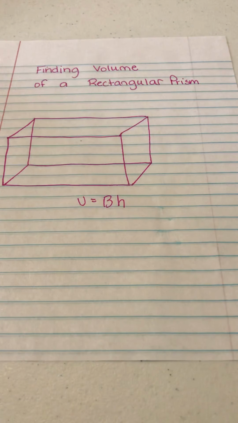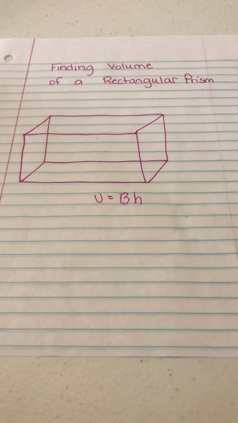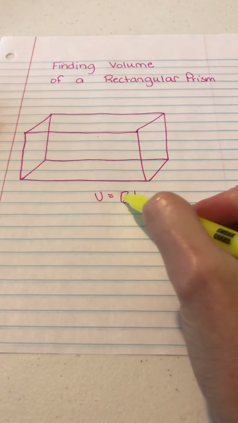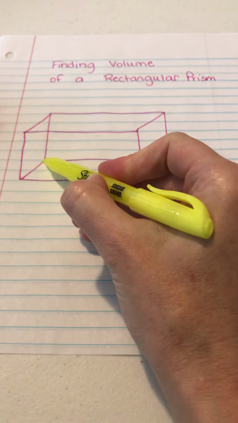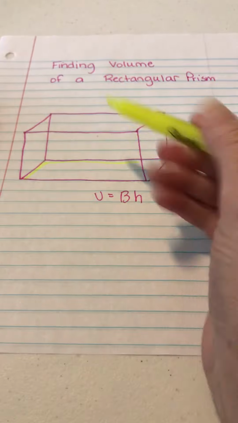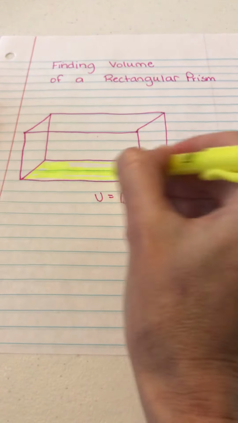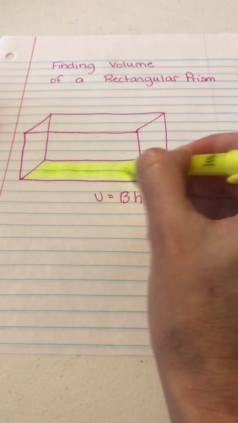When we're talking about rectangular prisms, we're talking about these really cool three-dimensional shapes. When we're talking about finding the volume, we're trying to find how many cubes could fill the shape. Whenever we see this capital B, which represents area of the base, you're thinking about the area of the base of this shape.